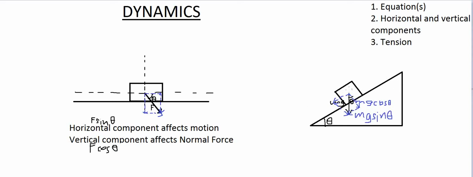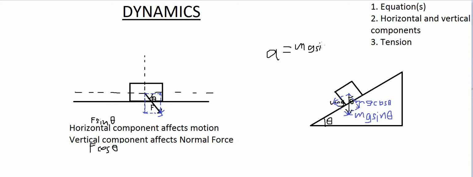Let's say there's no friction or air resistance, then you can just use F equals ma. The acceleration is F over m.